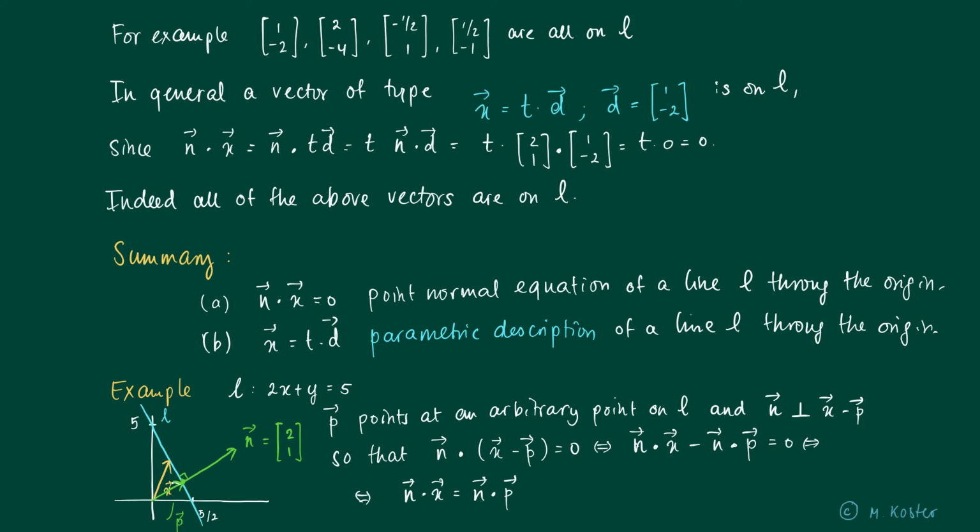Now this will be called the general point normal equation for the line. So we can make it by just choosing an arbitrary point p, so that instead of the 0 we had above, we now have n times p on the right hand side of the equation.